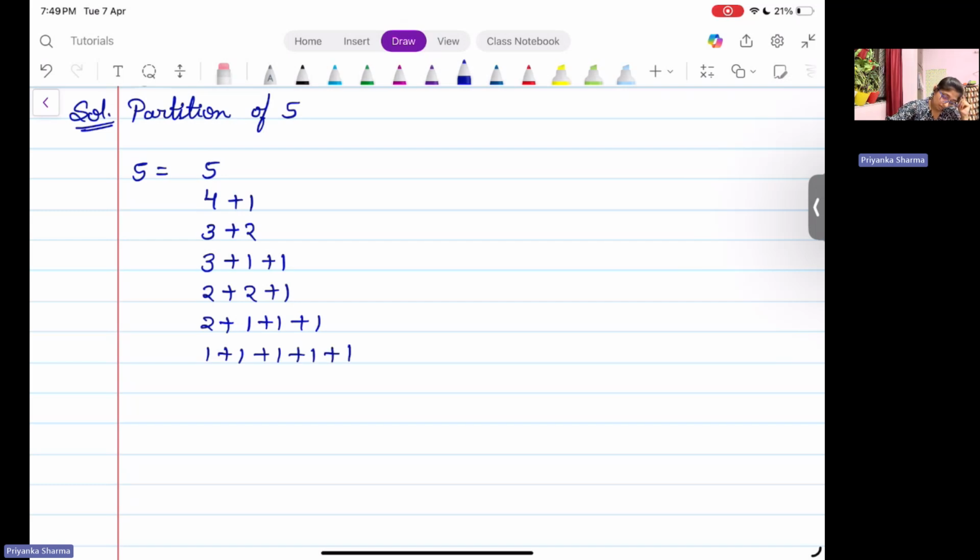There is no other possibility for this. That is, we have 7 partitions of 5.